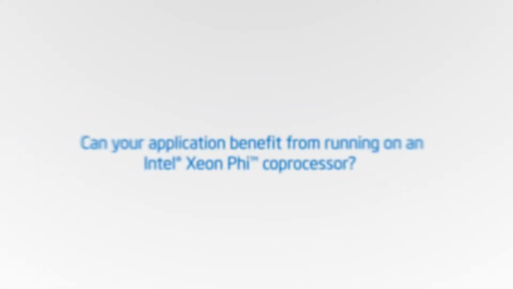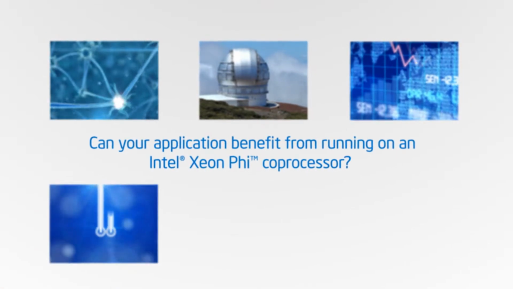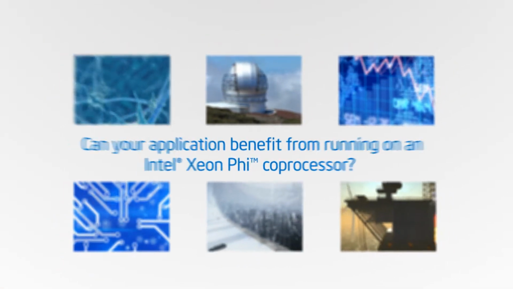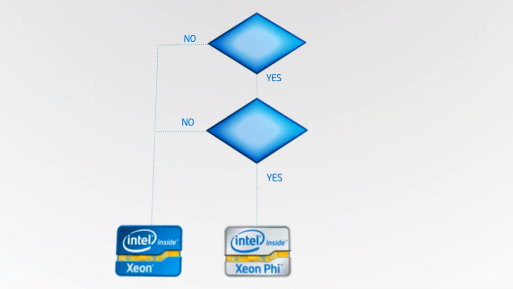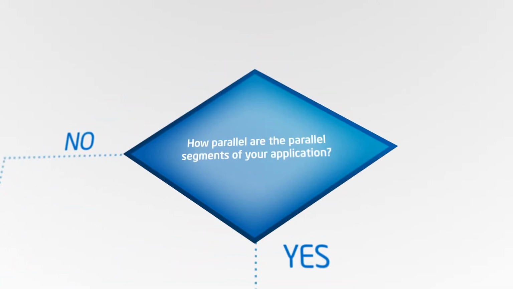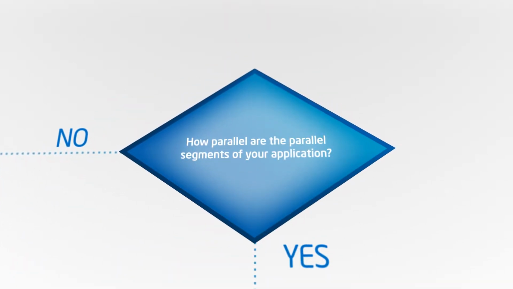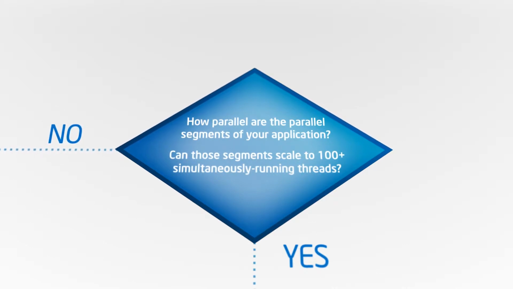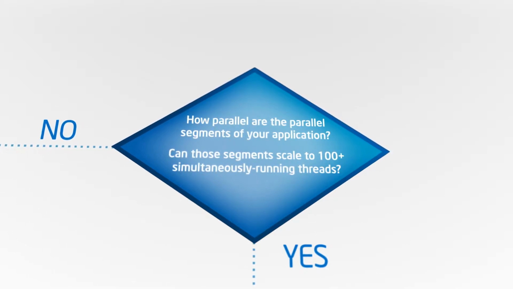So, can your application benefit from running on an Intel Xeon Phi coprocessor? It really comes down to 2 key characteristics. First, how parallel are the parallel segments of your application? Can those segments scale to 100 or more simultaneously running threads?